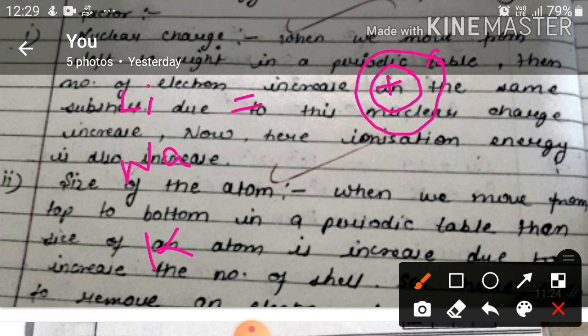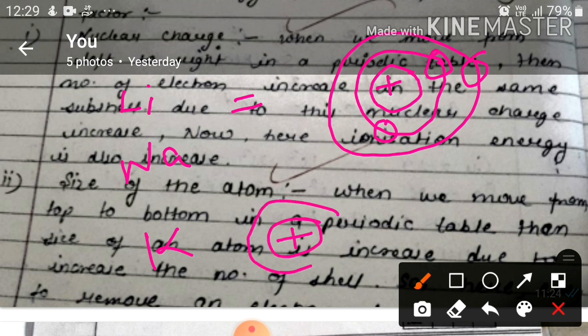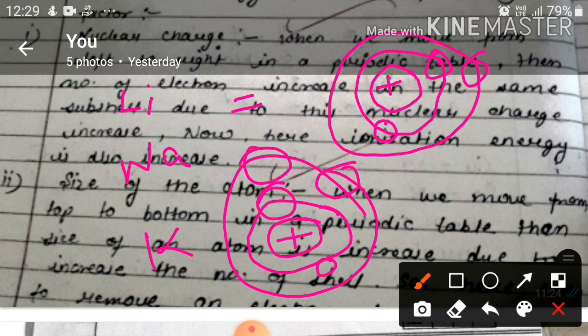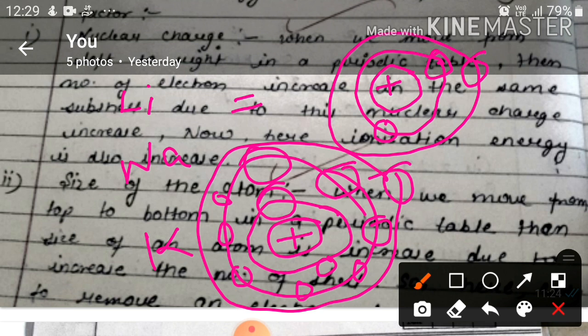This is the first shell in which 2 electrons are present, and in the outermost shell there is 1 electron. But in case of sodium, this is the nucleus. Here in the first shell there are 2 electrons, in the second shell there are 8 electrons, and in the outermost shell there is 1 electron.